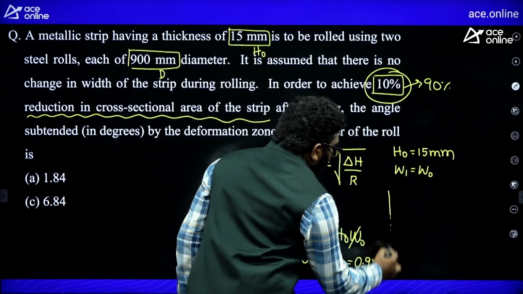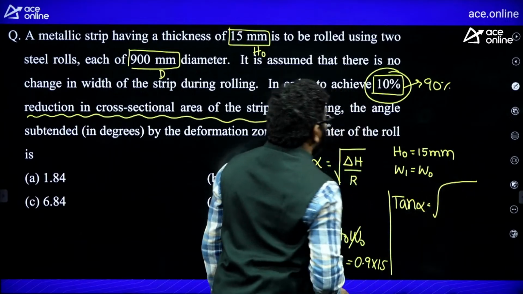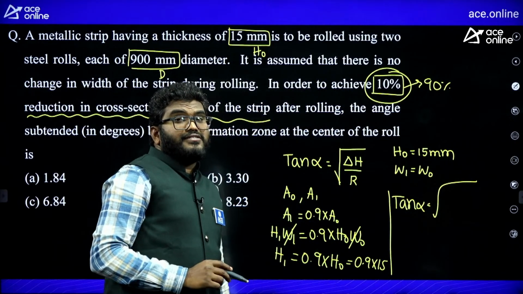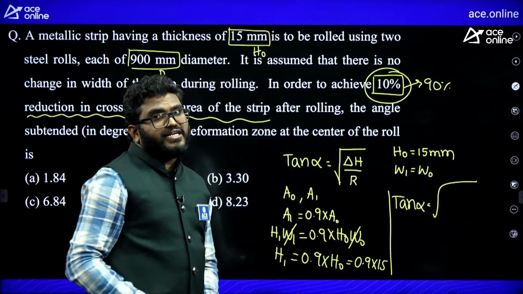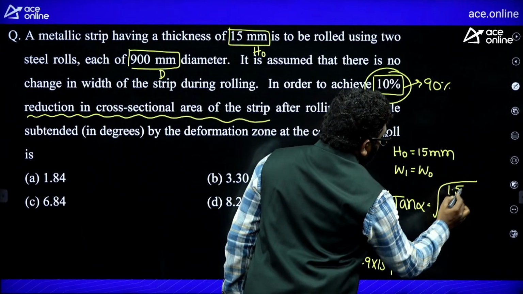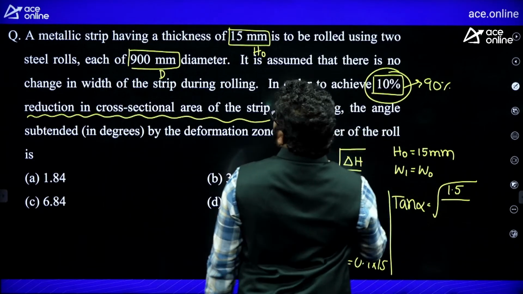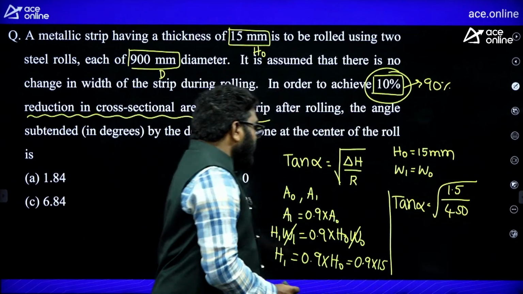So tan alpha is equal to root of delta H, the reduction in thickness, H0 minus H1, 15 minus 13.5, 1.5, by R or 450. Now check it.